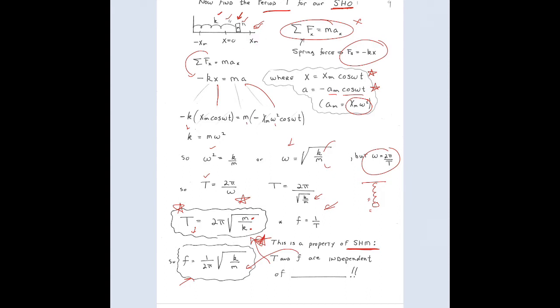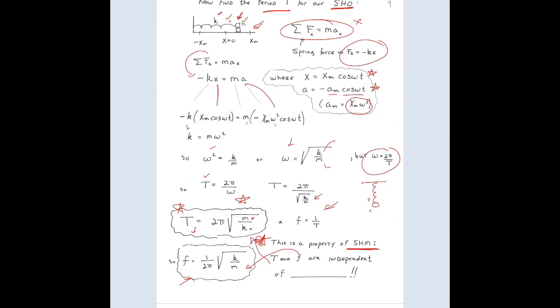It doesn't matter if you pull it back to here or to there. There is no amplitude in the square root. If you pull a system back a certain distance and let it go, it goes back and forth, and then you pull it back twice as far and let it go, and you find the period's the same, then you have reason to believe you have a simple harmonic oscillator.